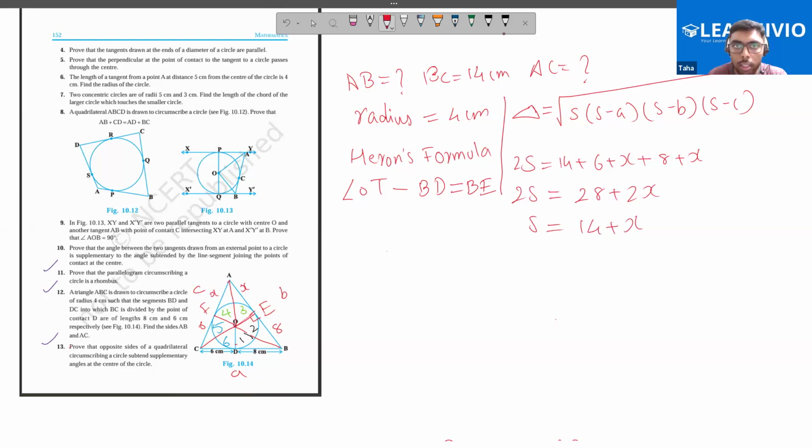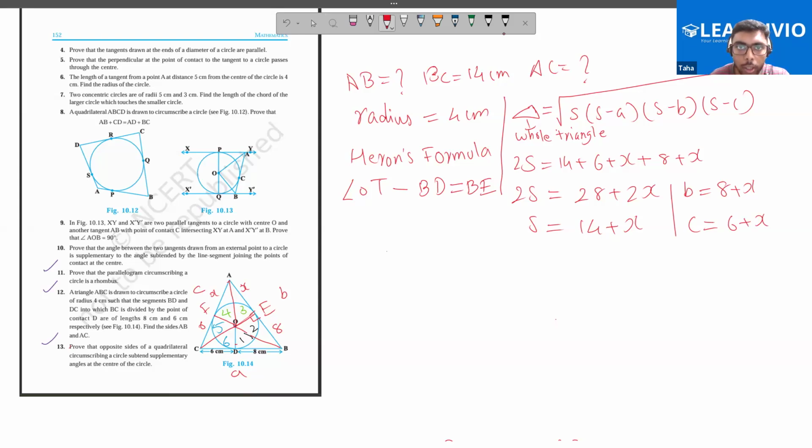And let us take B as 8 plus x, and C as 6 plus x. Okay, so what can we say about this is that if we equate the area of this whole triangle, this represents the area of the whole triangle, right? We can equate it to twice the area of, we have 6 triangles here, right? We can use the known values in this triangle.